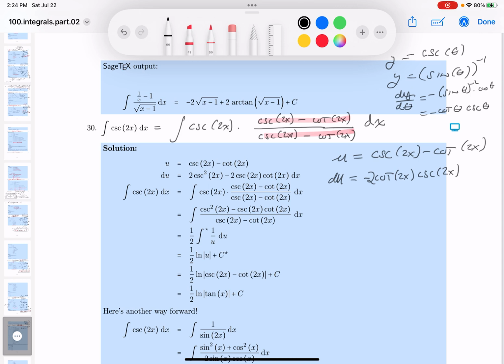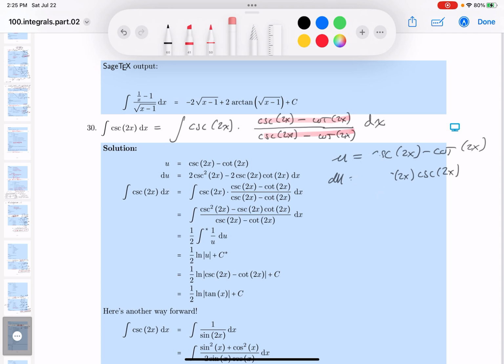I'm going to do the derivative of cotangent now. I'm going to get my little eraser out.